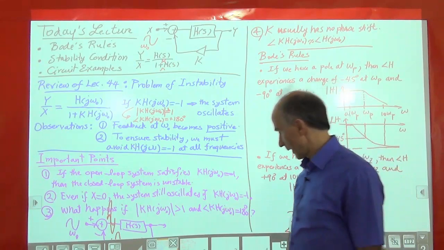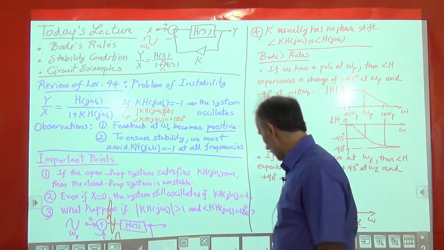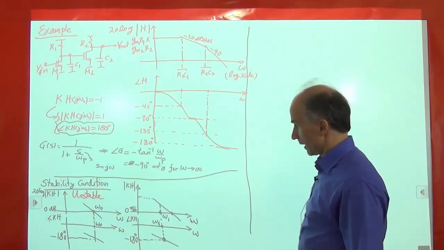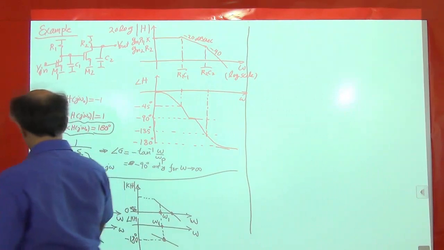All right? Okay, so that condition also leads to an unstable system. So this system is not stable. So we'll write here unstable.